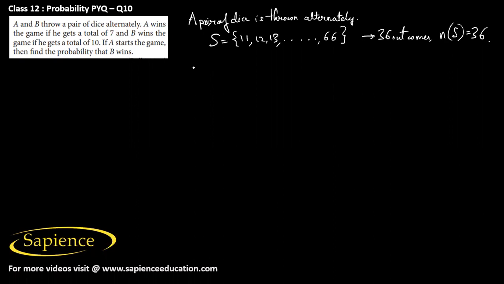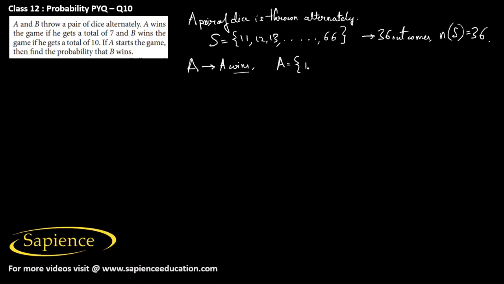So let us say that A is the event when A wins. So the favorable outcomes for the event A, that would be for A wins, the sum should be 7 in both the throws.